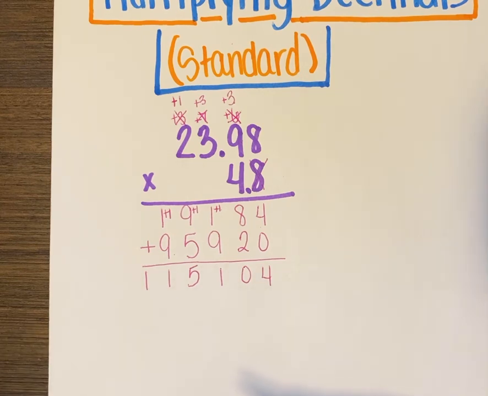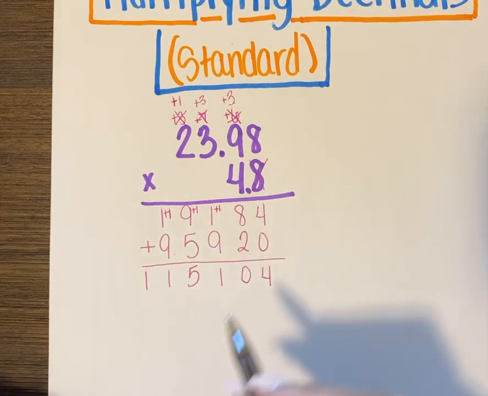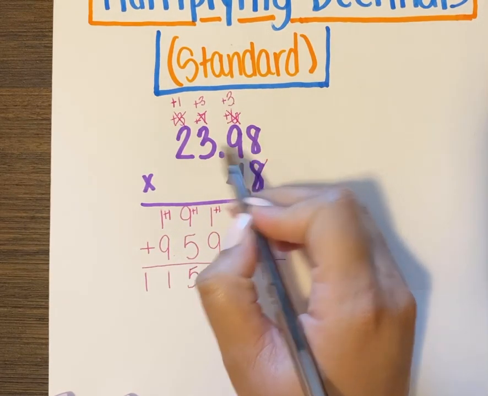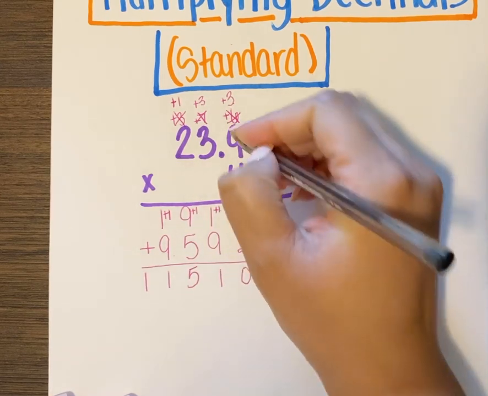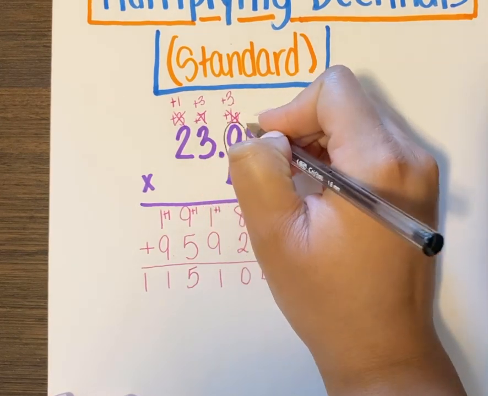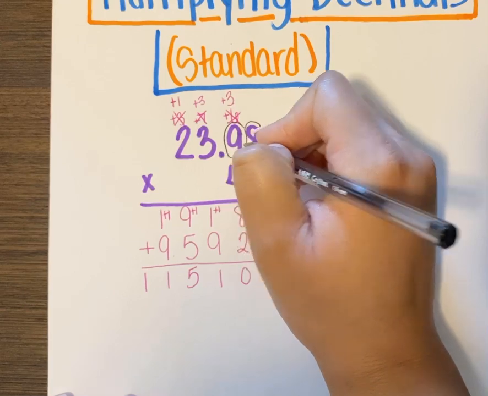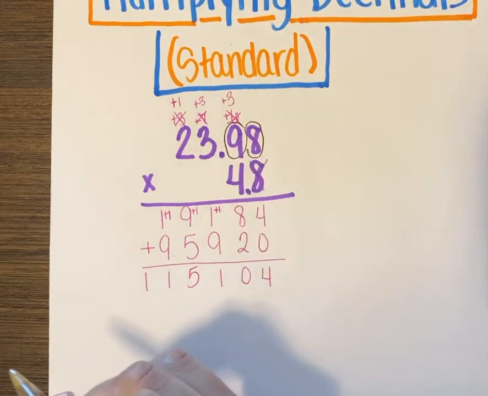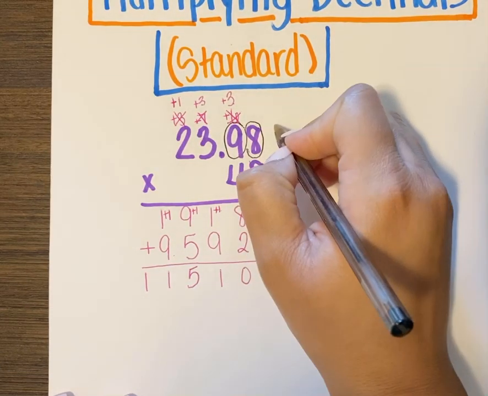Well, how do we know which is the correct spot? First of all, when you look at the factors, what we need to do is count up how many place values come after the decimal. And when I say after the decimal, I mean to the right of the decimal, okay? So in this factor, 23 and 9800ths, we have 2 digits that come after the decimal.